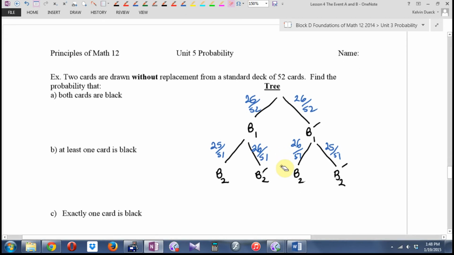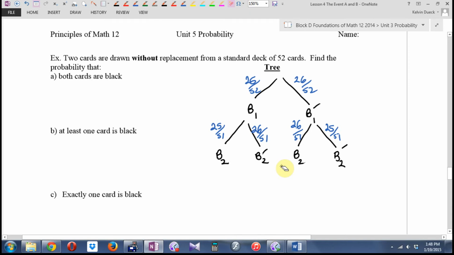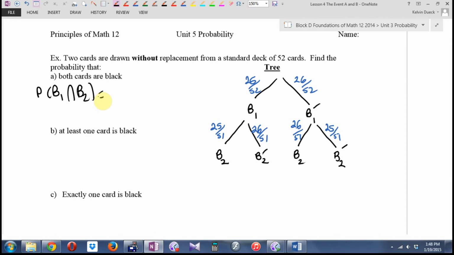Now, let's answer the questions. A, what do they want? Okay, in notation, that's going to be B1 and B2. And I'm showing you the notation just in case the textbook or the workbook gives you a question like that, so you can translate. But I'm not using the formula to solve. I'm using the tree. Which branch is both black?